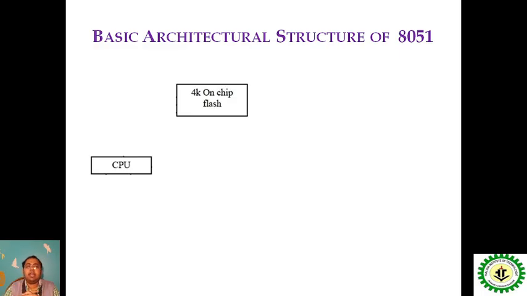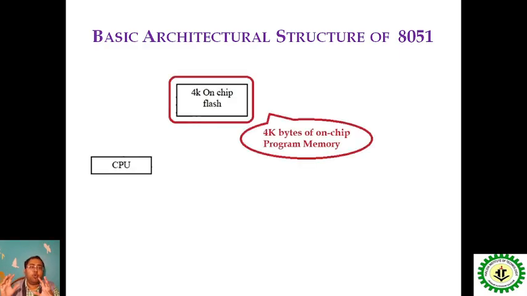After that, it has a 4K on-chip flash. We know that whenever we talk about the microcontroller, specifically embedded systems, after the CPU, the main vital part that comes into the picture is the memory. And there are two types of memories: one is the ROM memory, another is the RAM memory. In the case of the 8051 microcontroller, internally it has 4 kilobytes of on-chip ROM, which is also known as the program memory.